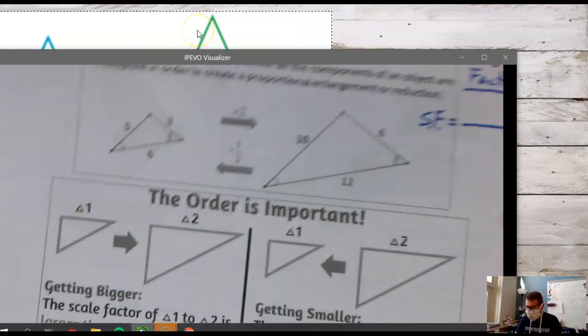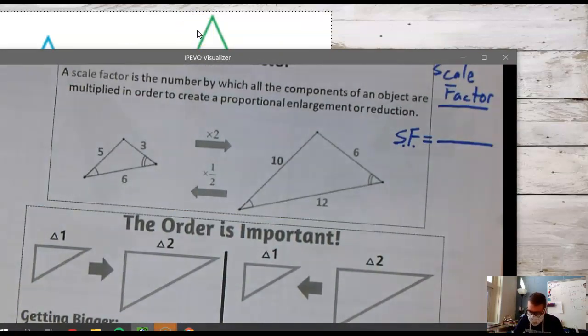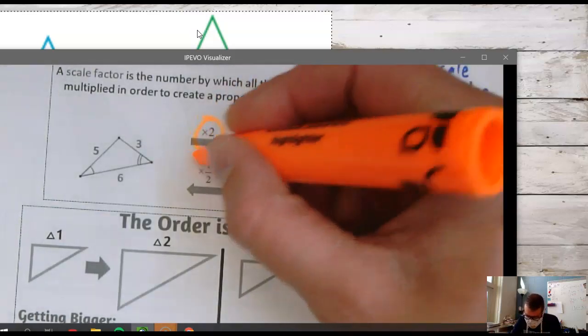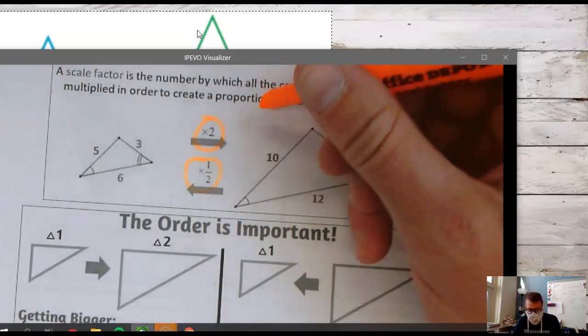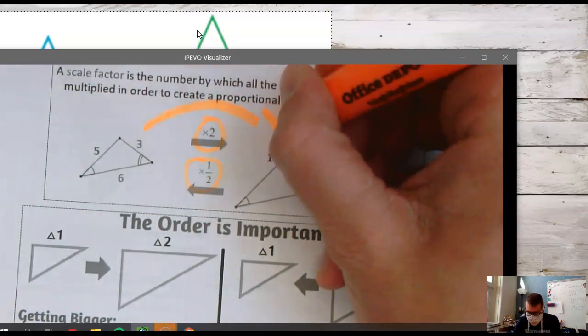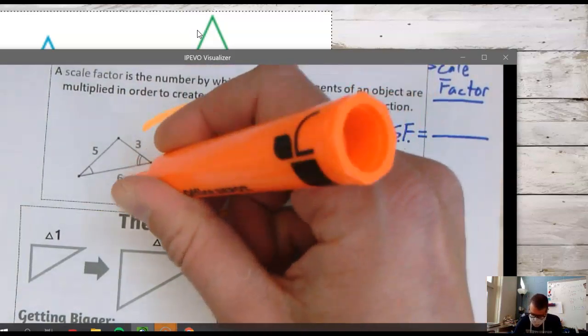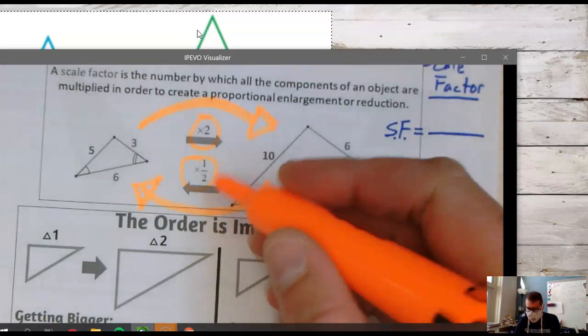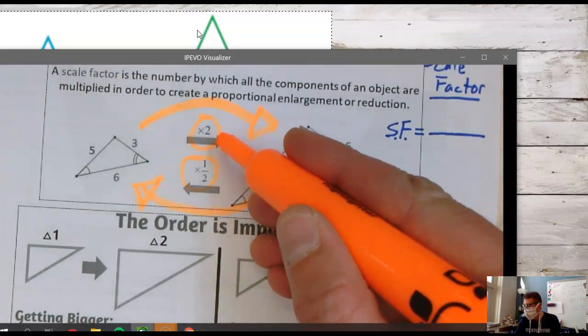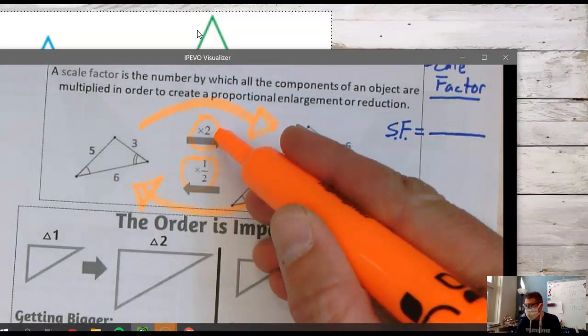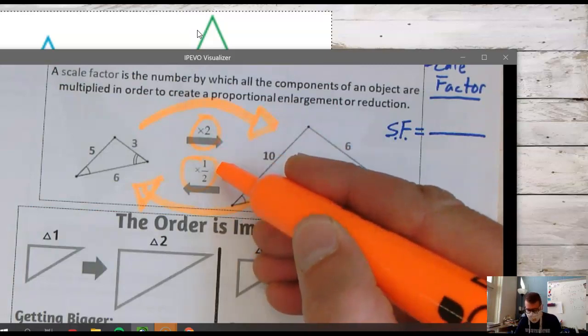So way back here on the beginning, guys, these are reciprocals of each other. When we go the other direction, all we do is flip over the fraction. Because 2 compared to 1/2, well, this is really 2 over 1, and this is 1 over 2.